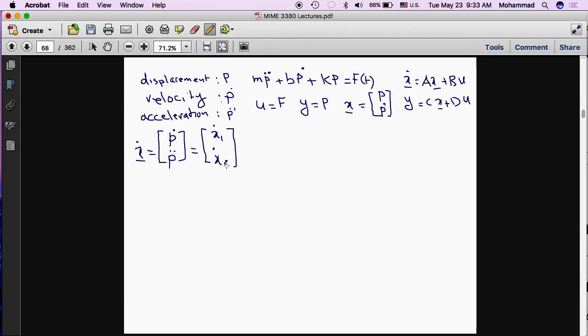Okay, so here's my question. What is x1 dot equal to? It is equal to p dot, don't you agree? Now, if I want to write this in terms of members of x, do you see any relationship to members of x? How is x1 dot related to x1 or x2? It's equal to x2, isn't it? It is equal to x2.